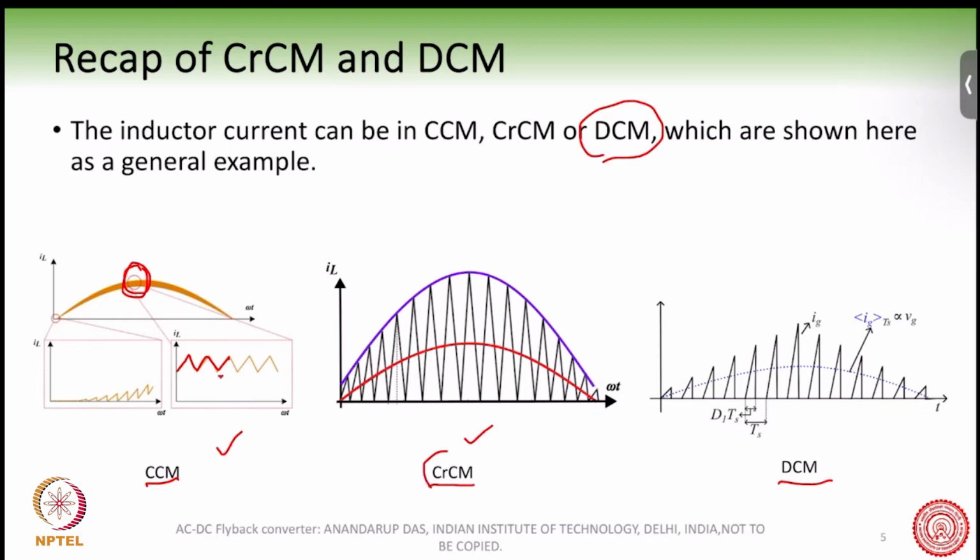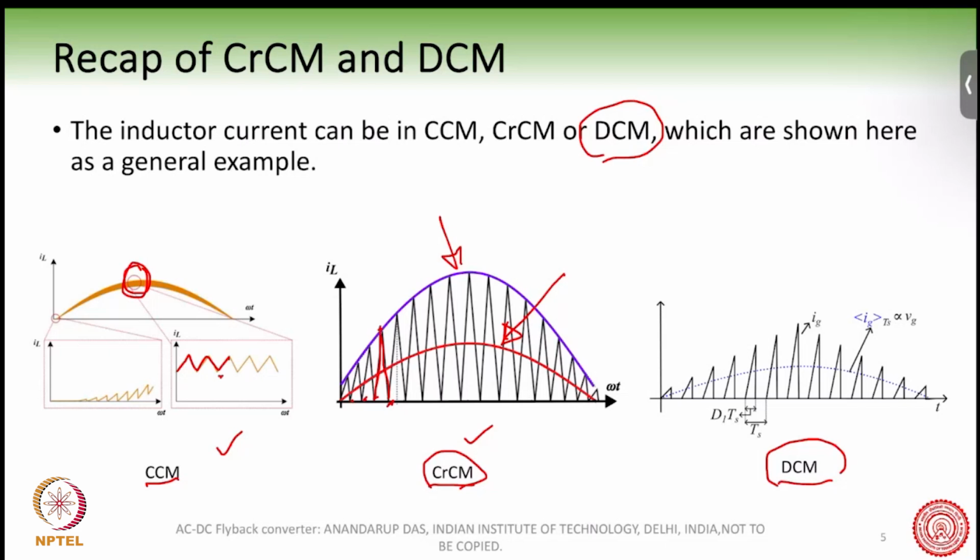Whereas in CRCM, at the end of the switching cycle, the current comes to zero, and again it goes back, hits a top limit, and then comes back again. The average current is given by this red line, while the peak current is given by this violet line. So this is what happens in CRCM. Now, when we go to DCM, the inductor current is actually zero before the end of the TS time period.